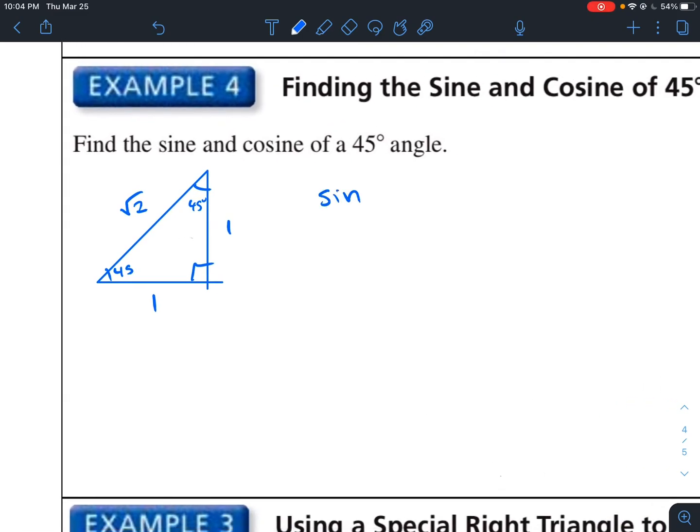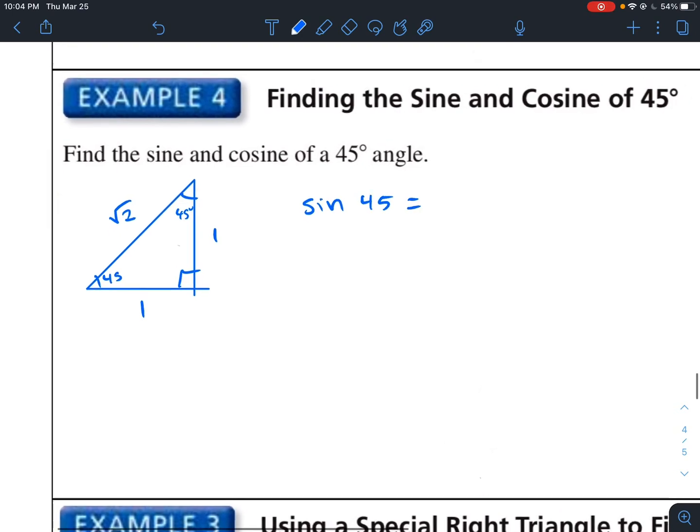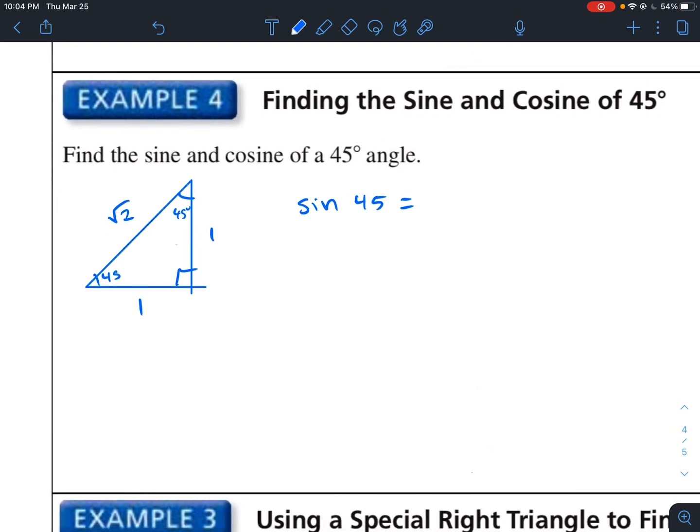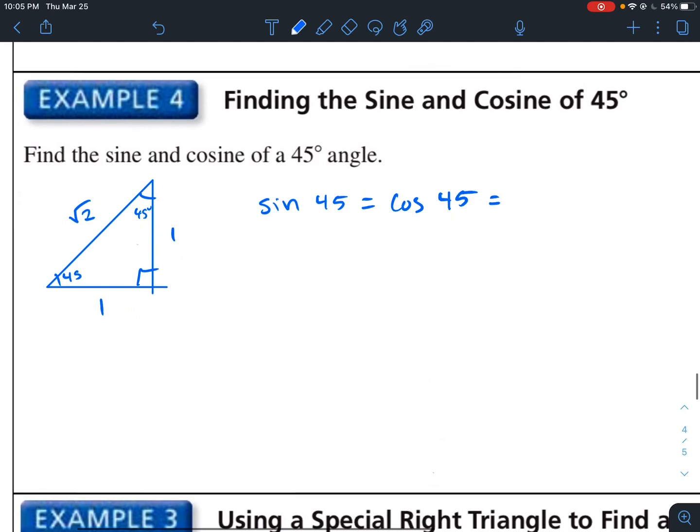So if I'm looking to find the sine of angle 45 degrees, it doesn't matter which angle we're using because they're both 45 and they both have the same opposite and adjacent sides. So sine of 45 would be the same as cosine of 45. It doesn't matter because the legs are the same.